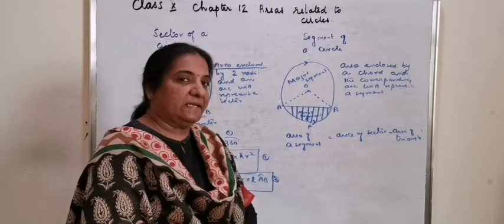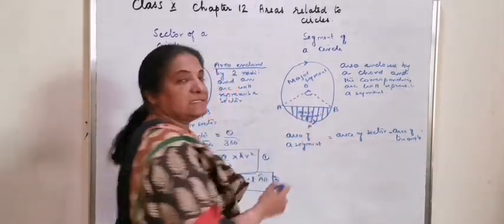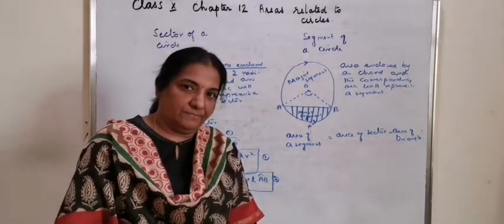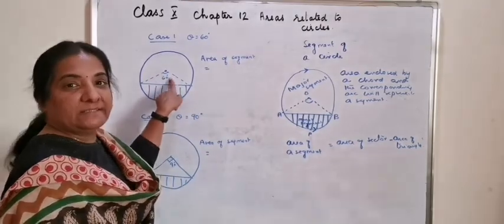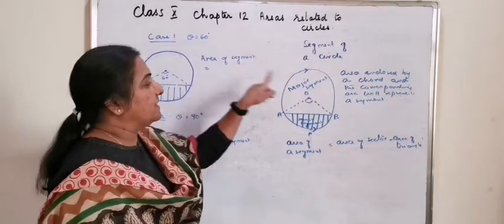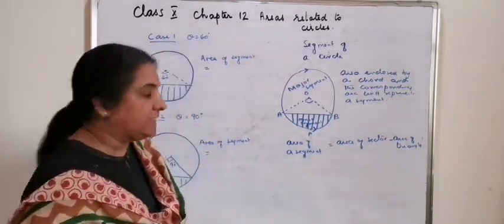We will go in detail if the angle subtended is given as 60 degrees or 90 degrees. Let's take the first case, when the sector angle is 60 degrees. Area of a segment, general concept, is area of sector minus area of triangle.